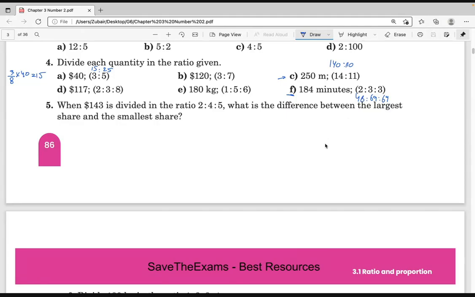Yes. Exactly the same way. We are solving for 2 out of total. This total is 8. Multiply by 184. Working stays the same always, no matter the ratios are 2, 3 or 7. Try question number 5.